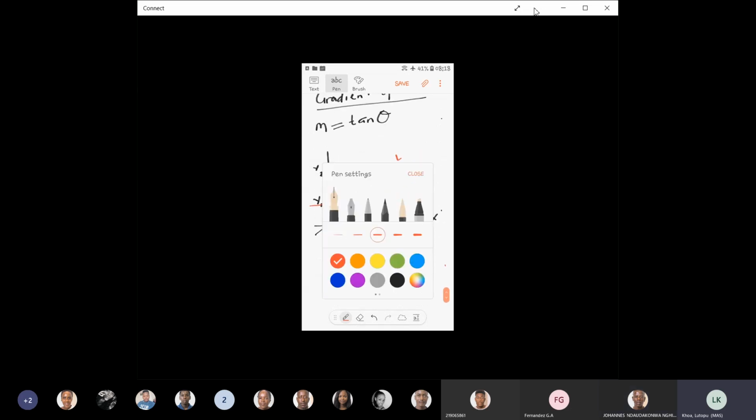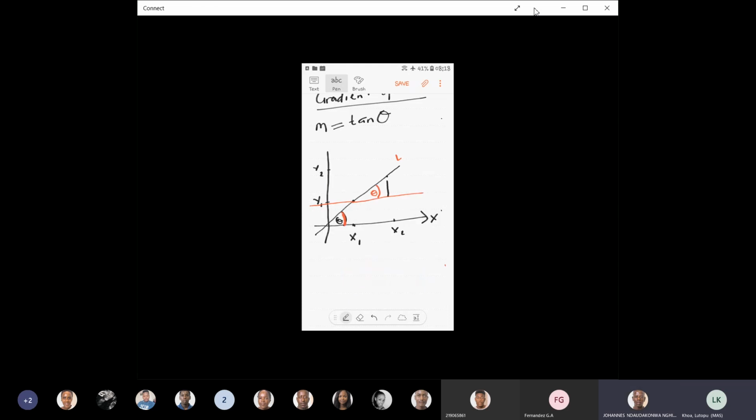Then I can form a right-angled triangle. It goes like that. If I form this right-angled triangle like that, then this length over here, like we did before, is just equal to x2 minus x1, and this one over here is just y2 minus y1.